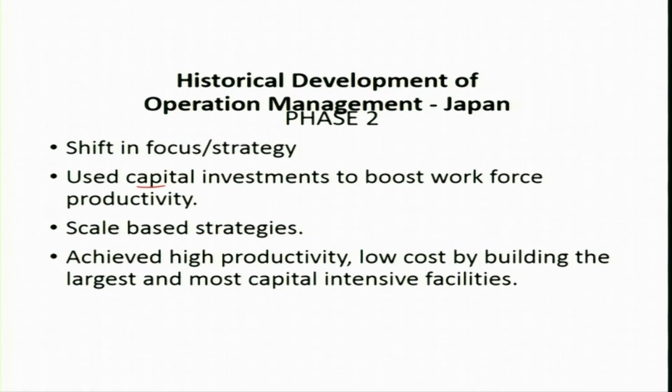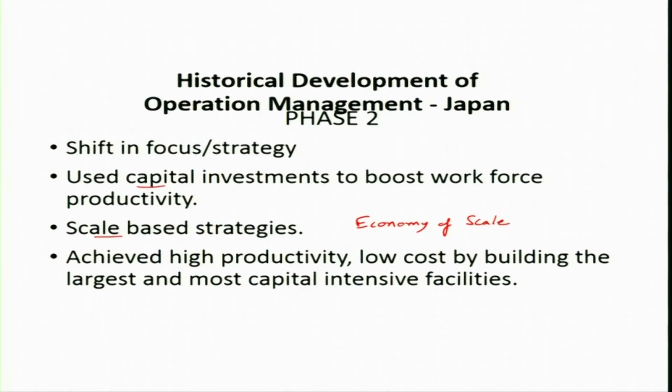So now they are talking about scale based strategies. Scale based strategy means produce in large quantities, have the machines and equipment which can produce large volumes, because as the scale increases, the cost per unit decreases, which is called economy of scales. As the size of production increases, the cost decreases.